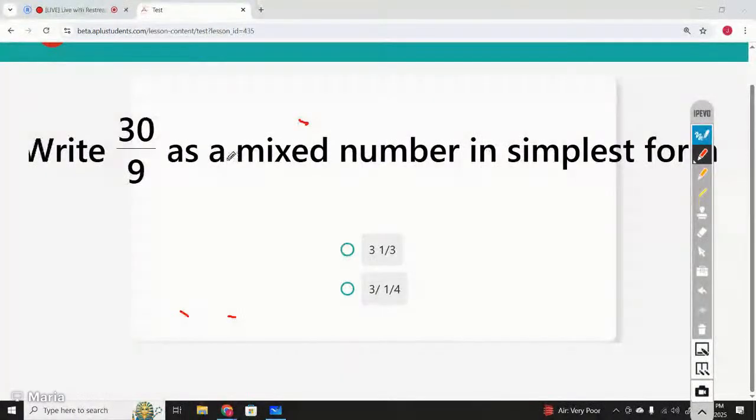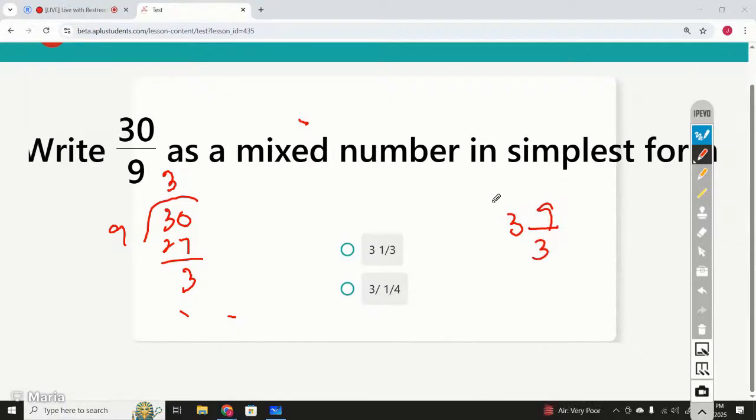So when the numerator is greater than the denominator, we need to divide it by the denominator. 30 divided by 9. So count the table of 9. 9 times 3 is 27, right? So here we have 3.